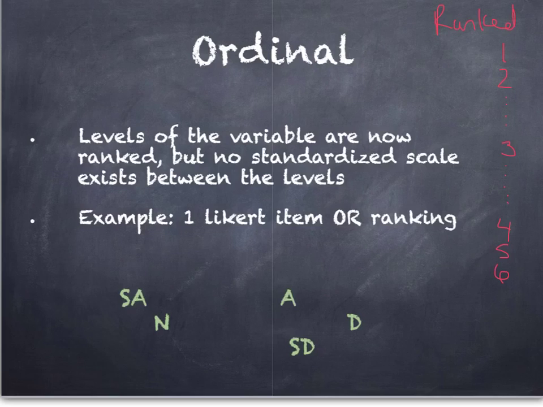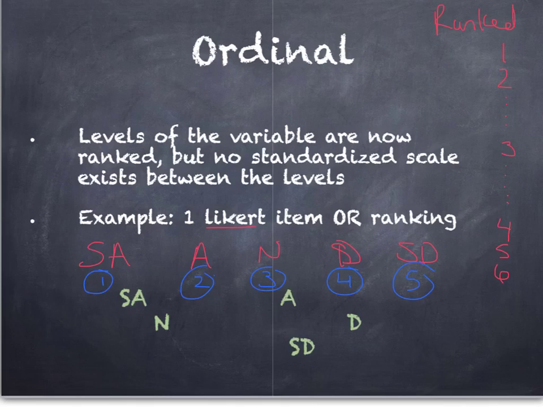The most common, however, is a Likert item. This is when people do the questionnaires, for example what you see down here with strongly agree, agree, neutral, disagree, or strongly disagree. We usually provide numbers for this, where strongly agree equals a 1, agree equals a 2, neutral equals a 3, disagree equals a 4, and strongly disagree equals a 5.